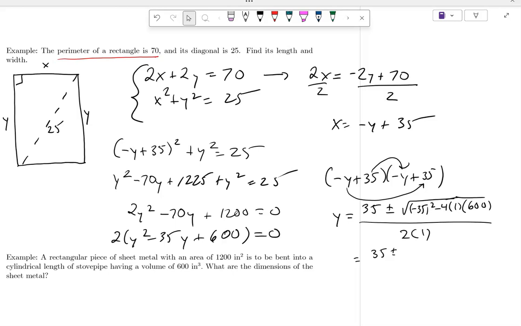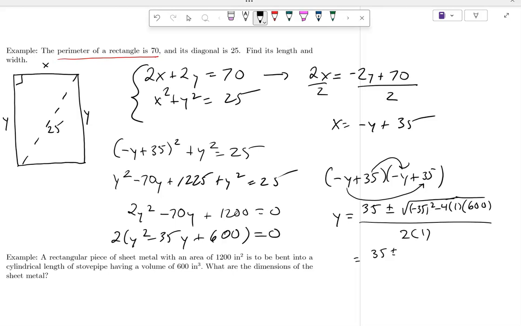All right. 6 times 400 is too big. It's 2400. Somewhere along the way, something's goofed up, isn't it? Where did I mess up? When I put them all together, I got negative 1,175 underneath the root. That's why I know something's wrong, so we should get an answer here.